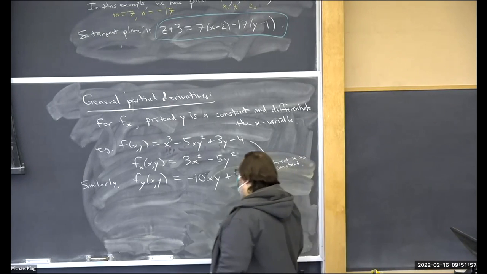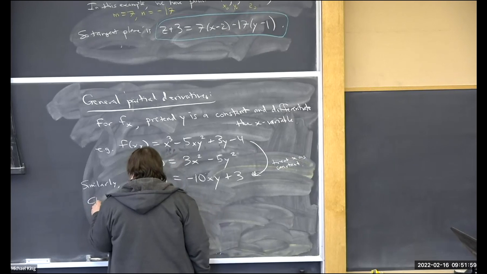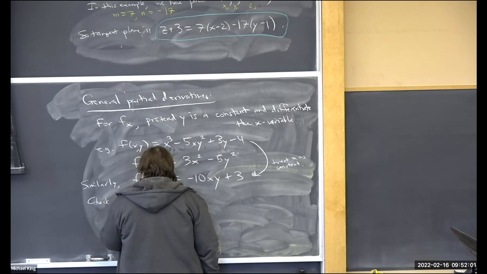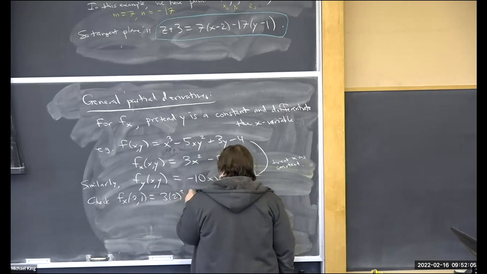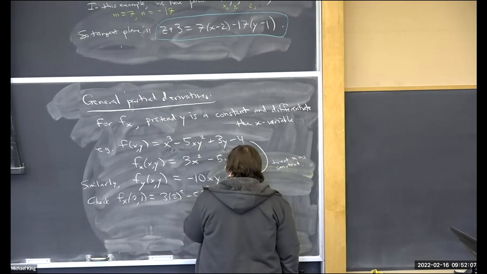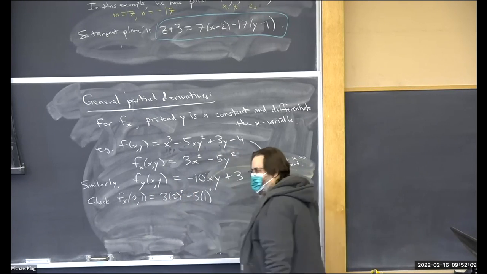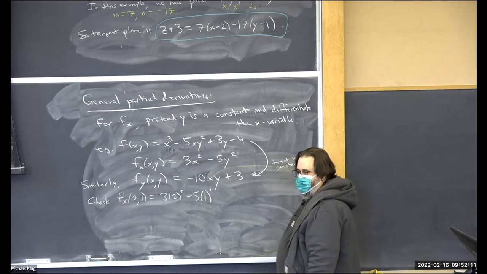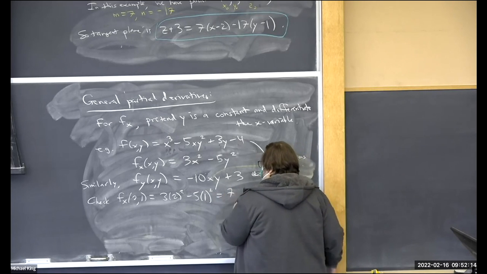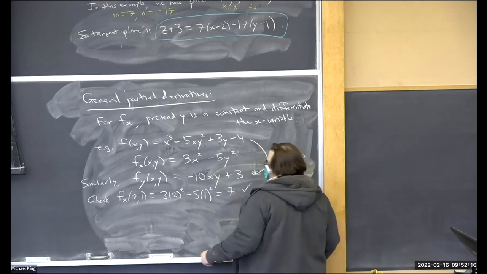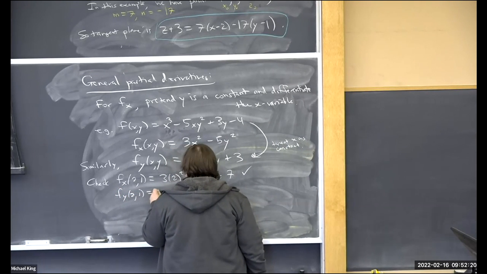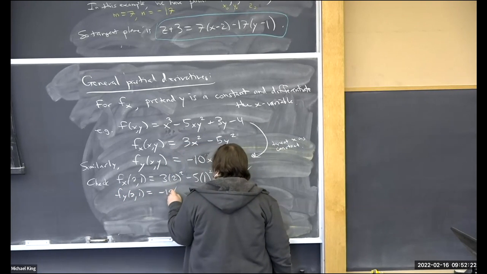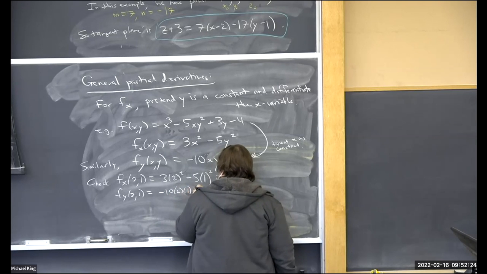And then if you want to check what's the partial x at 2, 1, that's 3 times 2 squared minus 5 times 1 squared, which is the same computation we did before. I remember we had 12 minus 5, right, to get 7. So that works. And the partial y is minus 10 times 2 times 1 plus 3, and that's what we had before.